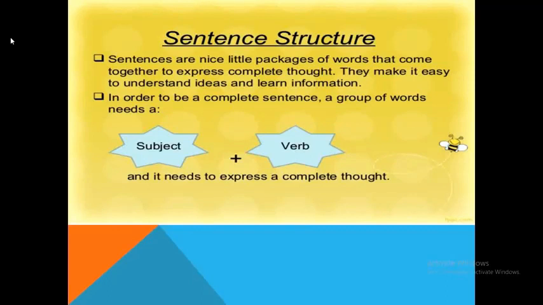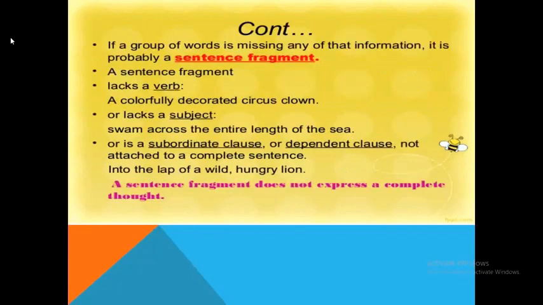Here the subject is a tractor and cutting is a verb, and was is an auxiliary verb that is coming along with the verb. So these both elements are essential for a sentence.